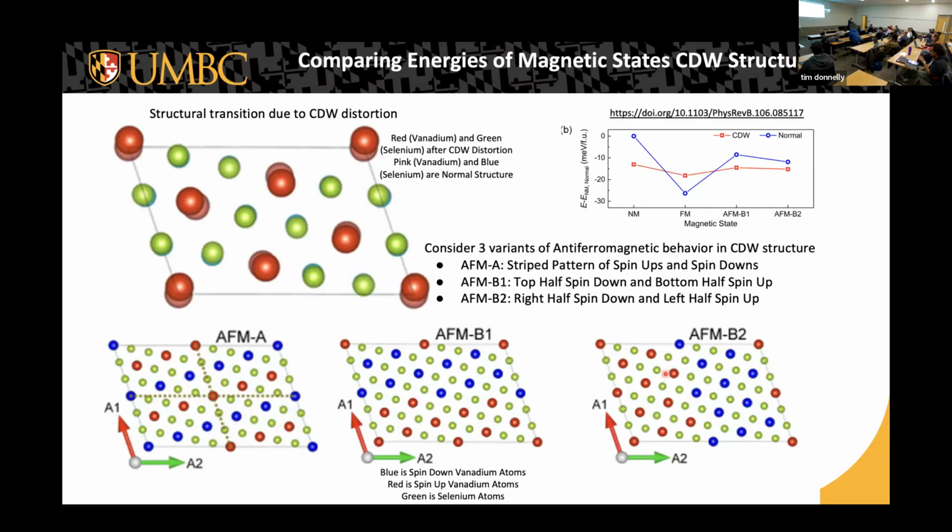So this is what we have found in the literature. This is a square root 3 by square root 7 structure, and you are seeing how transition metal atoms are shifted a little bit here.